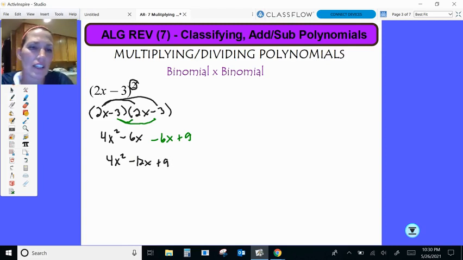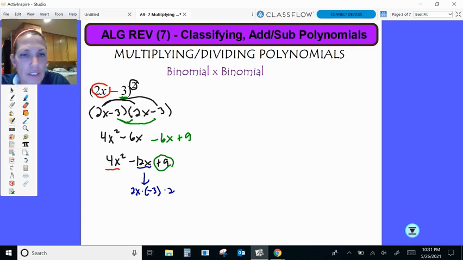What you'll notice is that this term here is just this term squared, and this term here is this term squared, negative 3 squared. This term right here is 2x times the negative 3, times 2, doubled. So we have negative 6 times 2 is negative 12.